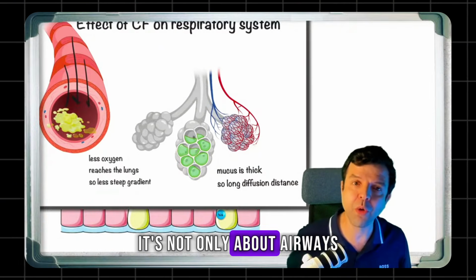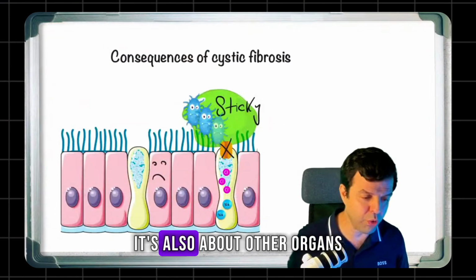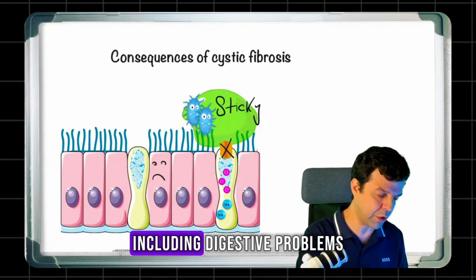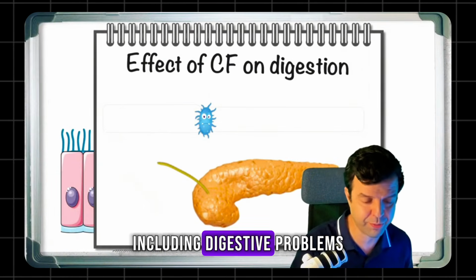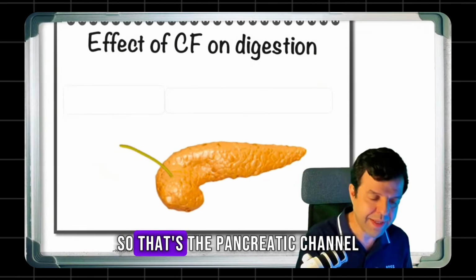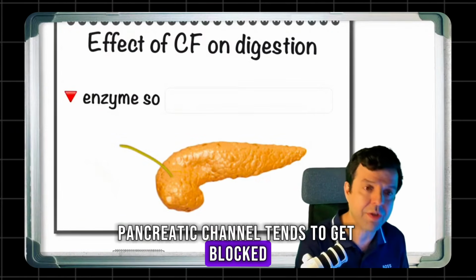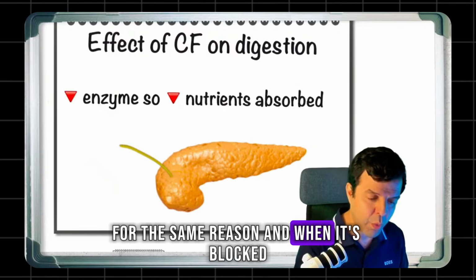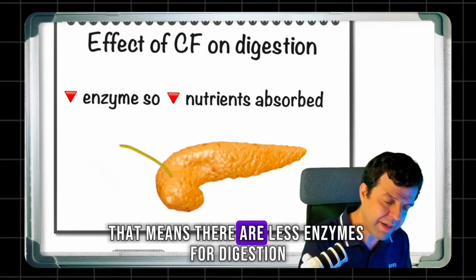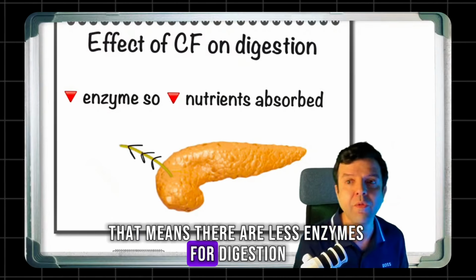It's not only about airways, it's also about other organs, including digestive problems. So that's the pancreatic channel. Pancreatic channel tends to get blocked for the same reason. And when it's blocked, that means there are fewer enzymes for digestion.